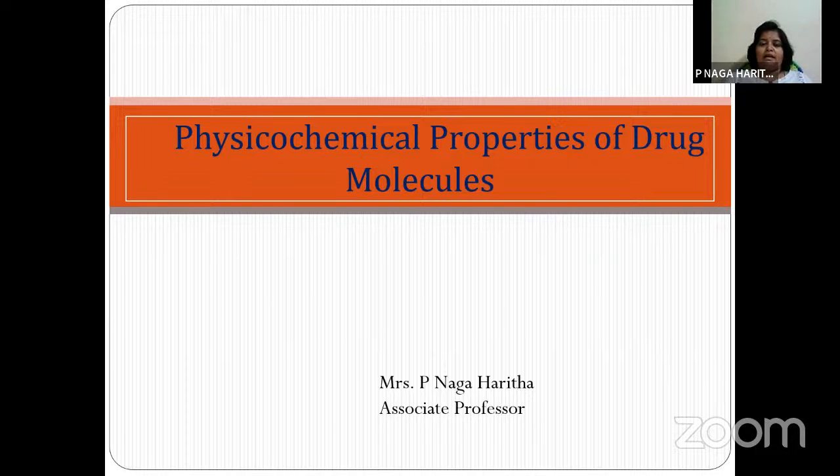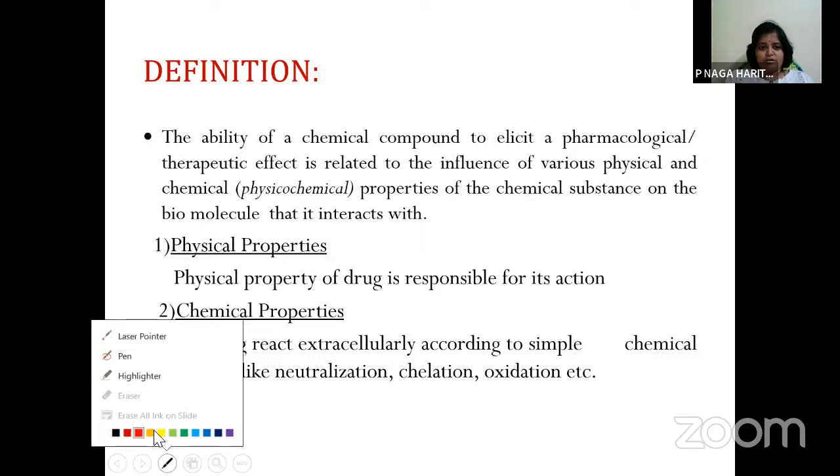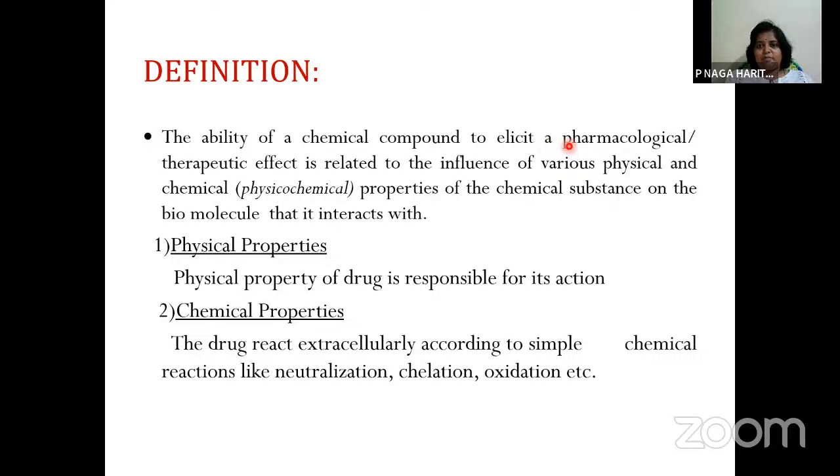And why these physicochemical properties are important in order to understand the drug's activity, right? That we are going to see in today's webinar. So coming to physicochemical property, the definition goes: the ability of a chemical compound to elicit a pharmacological or therapeutic effect is related to the influence of various physical and chemical properties of the chemical substance on the biomolecule.